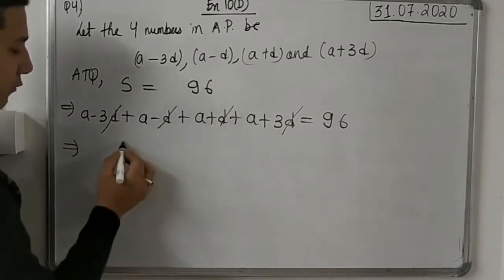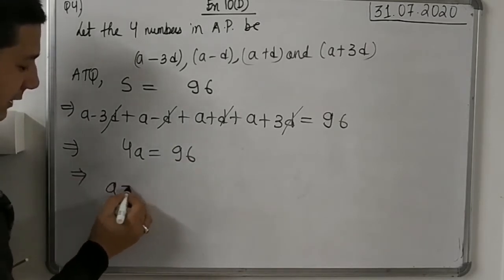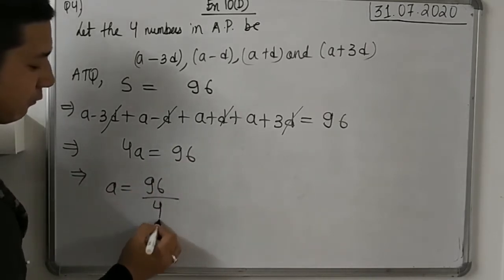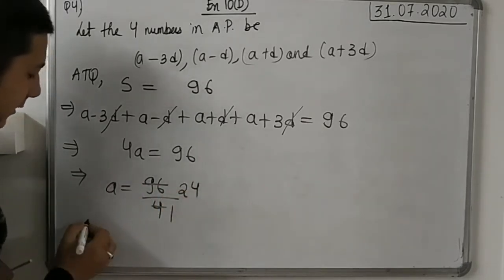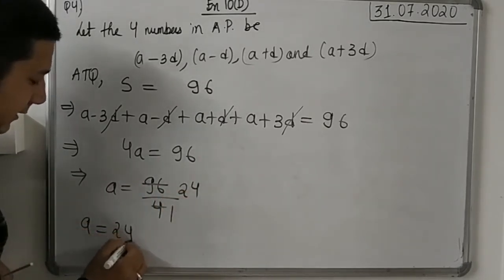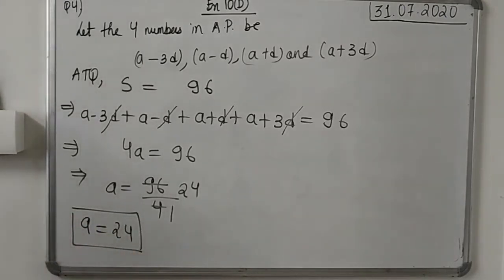So 4A equals 96, which gives A equals 96 divided by 4, that is 24. Please pause the video and note it down.